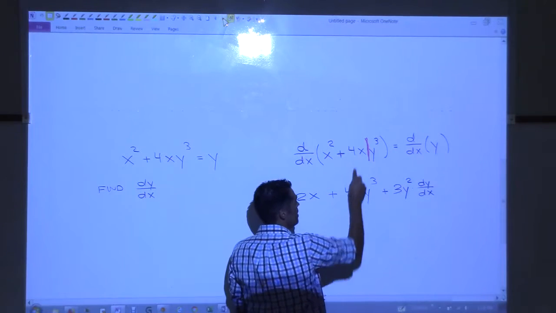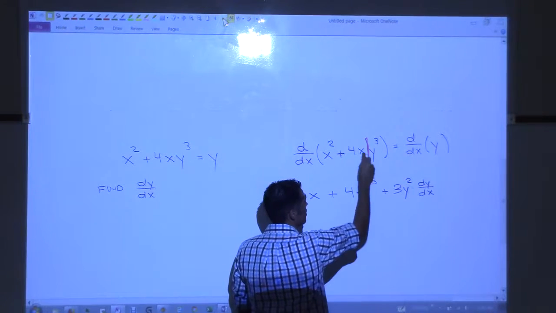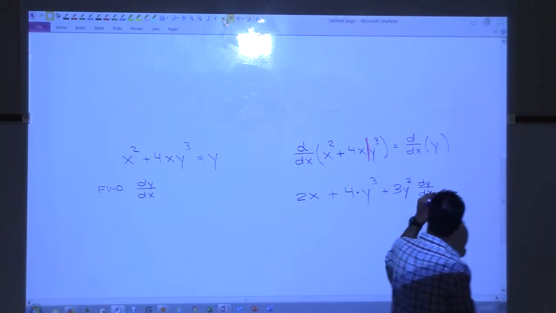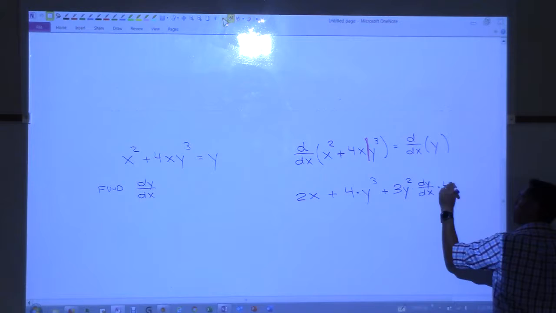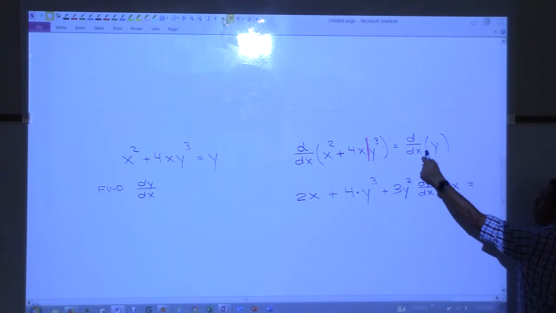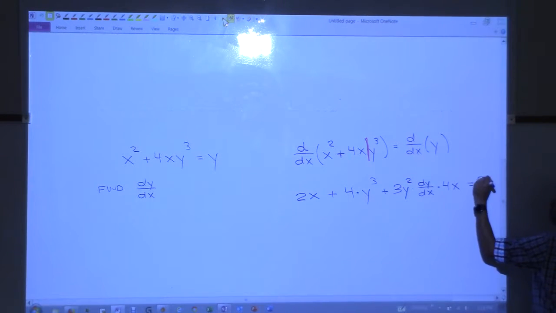I did the derivative of this times this plus the derivative of that times 4x. And now I'm done with the derivative on the left side, right? Okay, equals now the derivative of y with respect to x. dy/dx. So it appears again, doesn't it? It appears a second time.